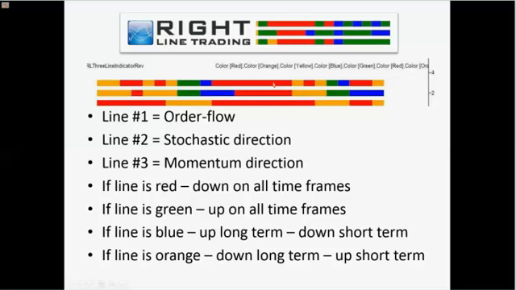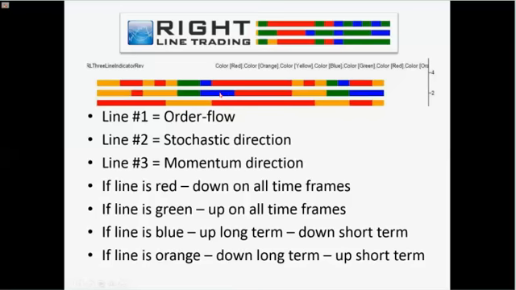When it's red, we have order flow going down, a predominance of sellers over buyers on multiple time frames. Line 3 is momentum. It's simply a MACD with the signal line accelerating away from the slow line. And when momentum is down on multiple time frames, the 3rd line is red.